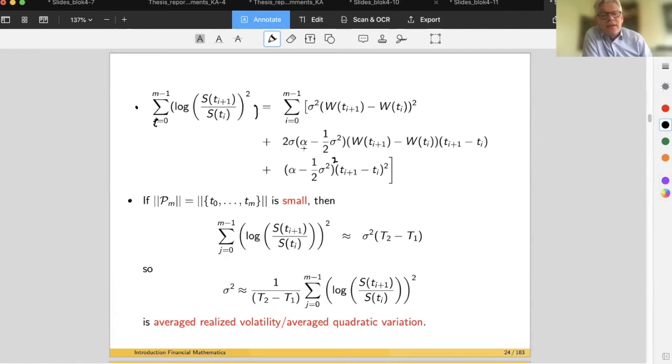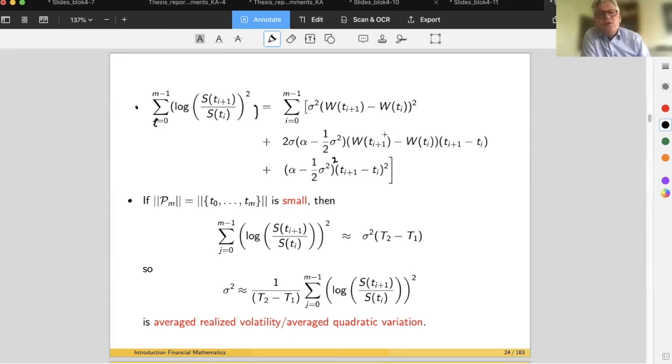The second term here, when the mesh width is small, is in fact the cross variation, dW dt. And we have seen that the cross variation is equal to 0. So that one cancels out. And the third term, dt dt, was also set equal to 0.